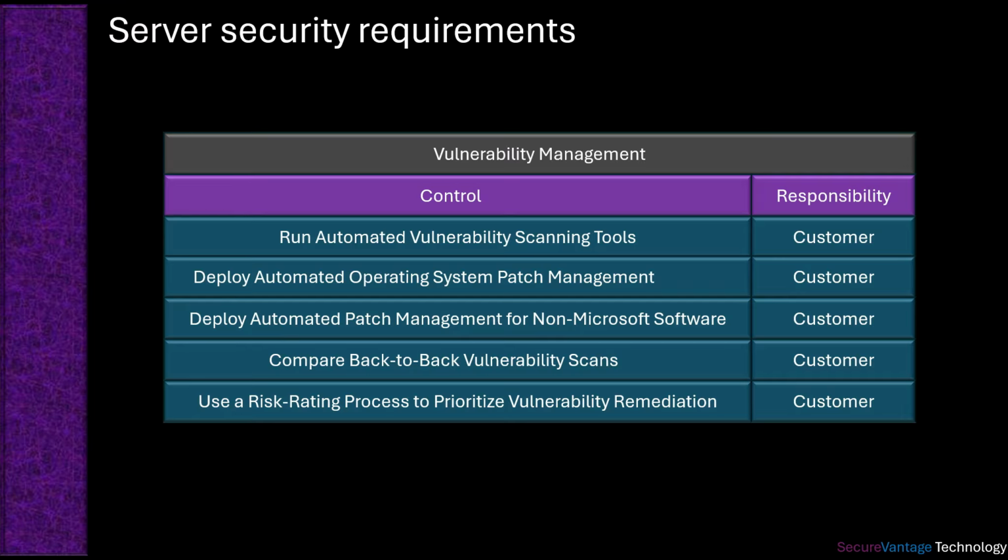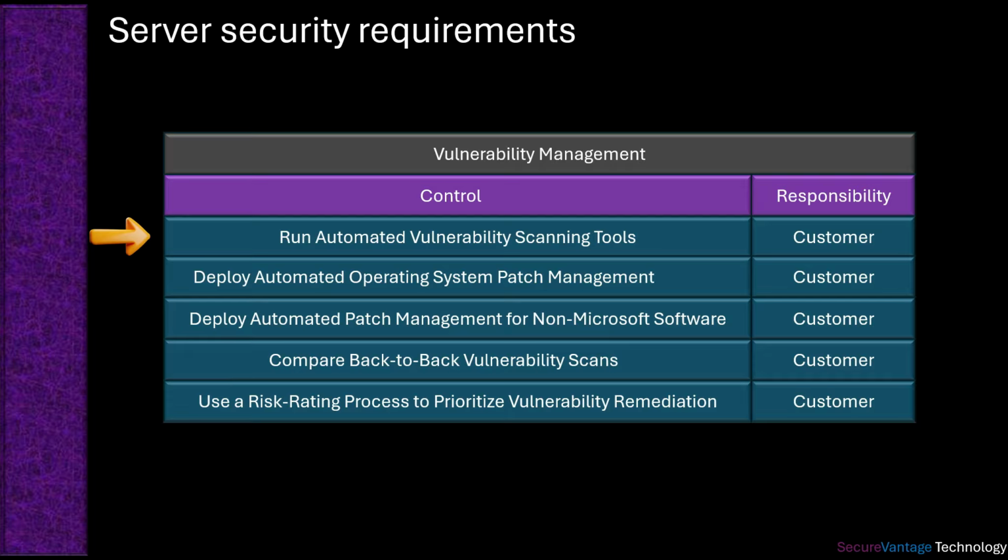Let's dive into vulnerability management for server security in a way that's straightforward and easy to understand. First control is run automated vulnerability scanning tools. Imagine your server as a house and you want to ensure that there are no weak spots where intruders could break in. To do this, you regularly scan the house for vulnerabilities, like checking if windows are locked and the alarm system is working.